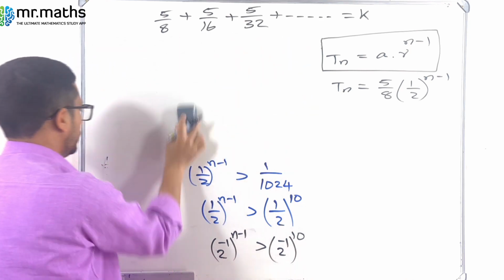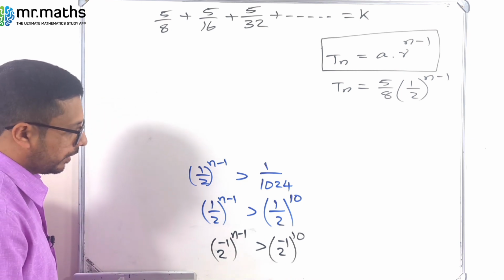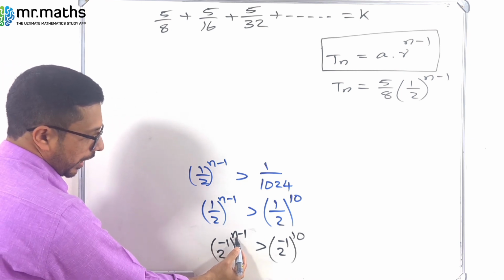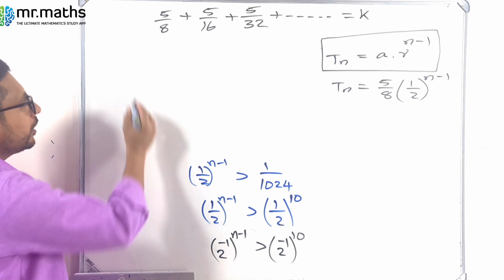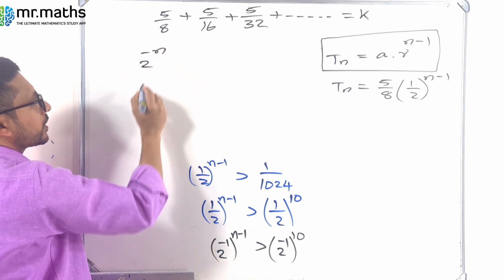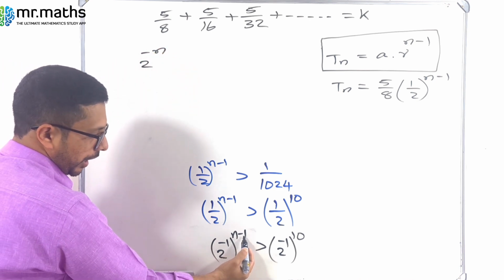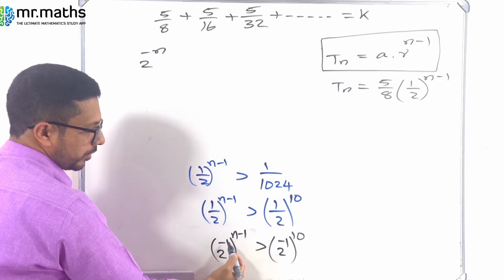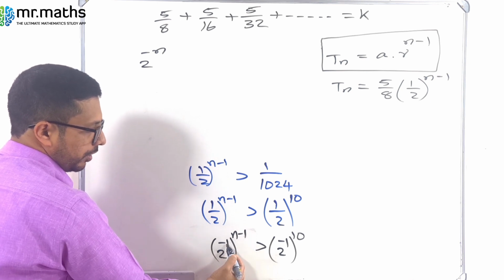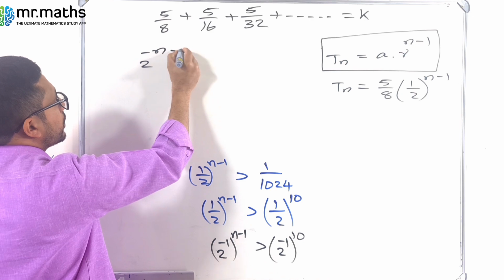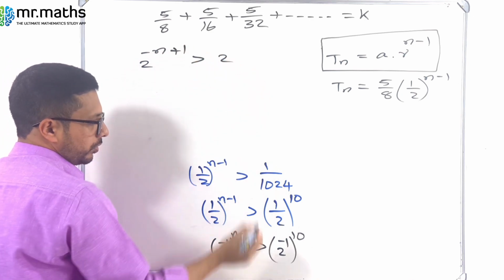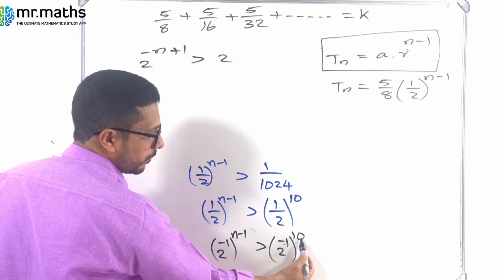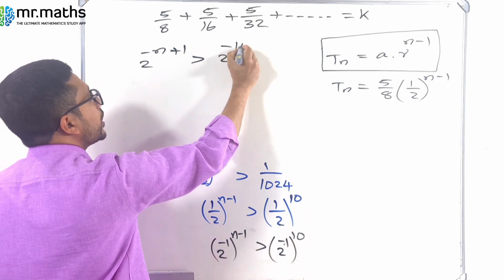Minus 1 times n is minus n. So 2 raised to minus n, then minus 1 times minus 1: minus times minus is positive, 1 times 1 is 1, so it is plus 1. Is greater than 2 raised to minus 1 times 10, that is minus 10.